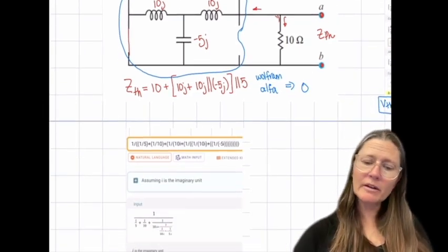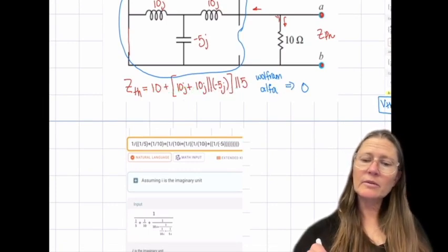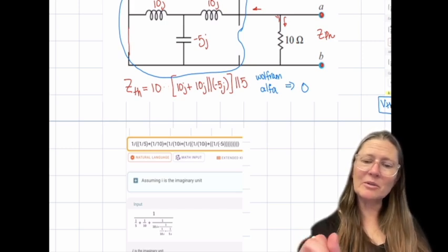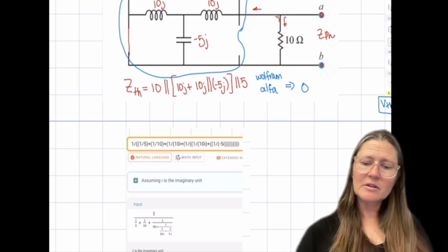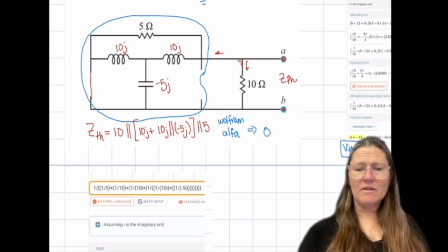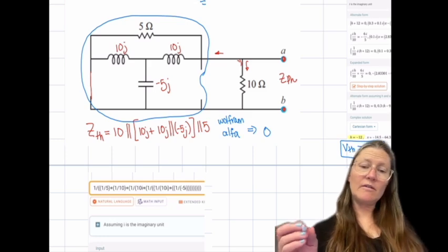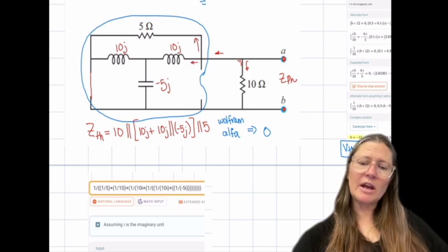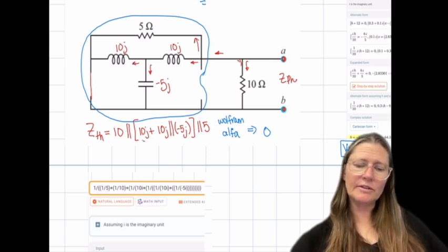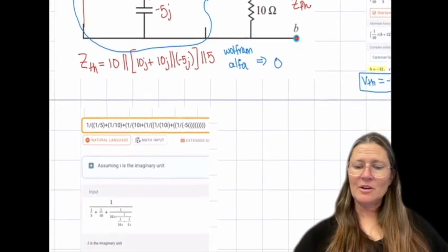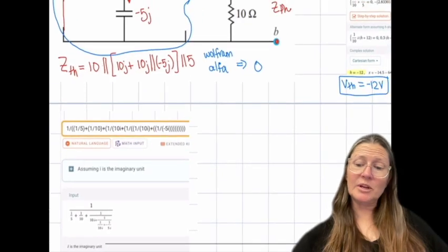I miswrote that. So this is 10 in parallel with all of that. And then it's going to be 5 ohms in one branch. And then this branch is going to be 10j. And then it splits. So it's 10j plus 10j in parallel with a negative 5j. Plugging that in ends up being 0.